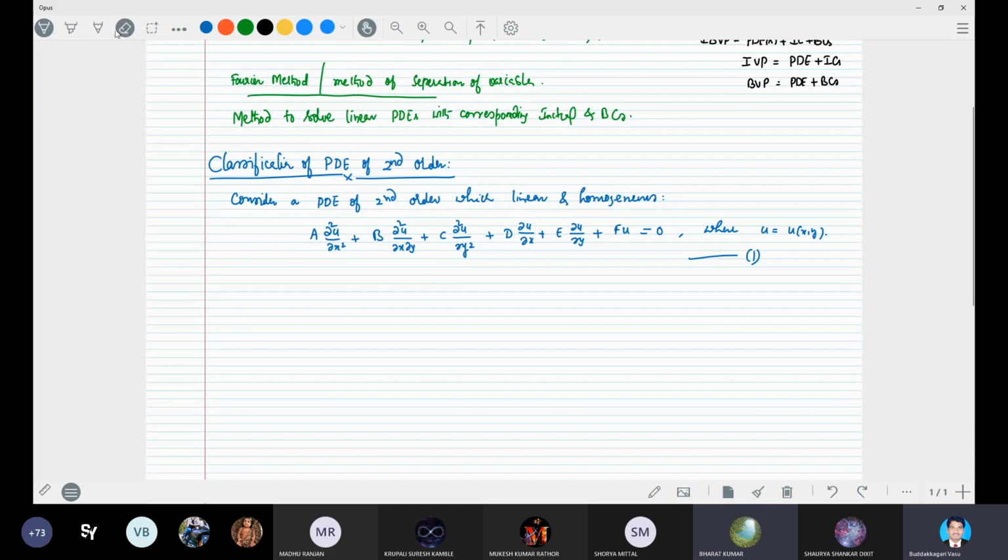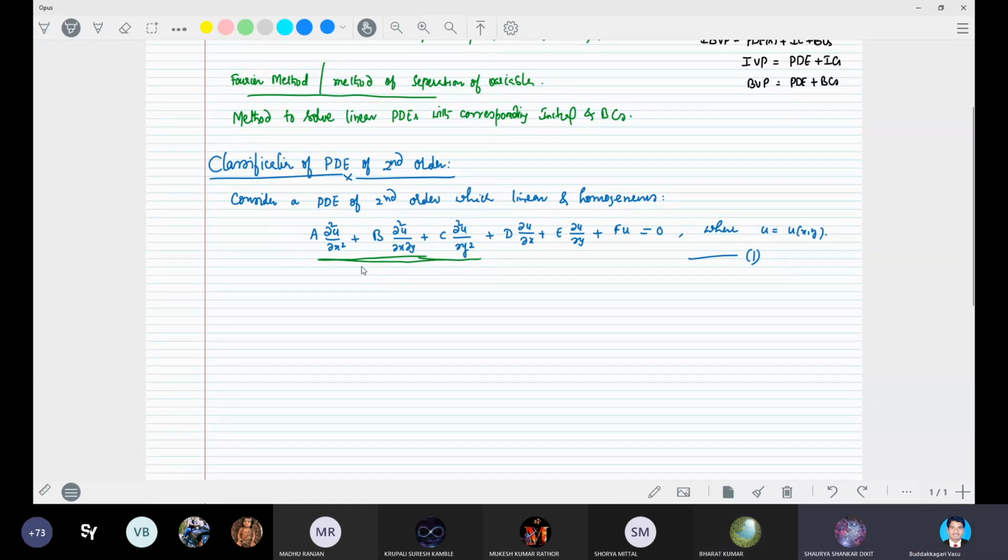Is it homogeneous or not? No, sir, it is not homogeneous. Why? Because there are first order terms as well as second order terms.